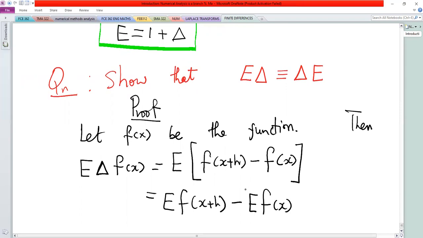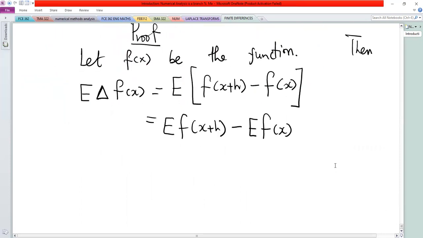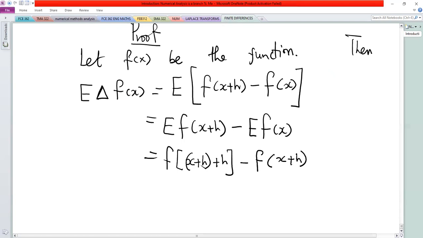And you see the shift operator takes you from the step where you are to the next step. So this will give us f of x plus h plus h minus f of x plus h.